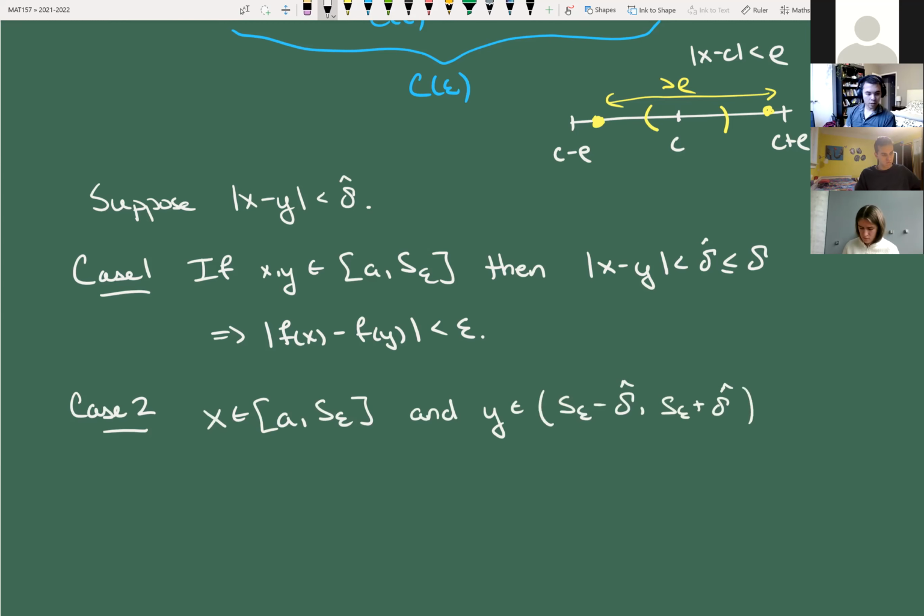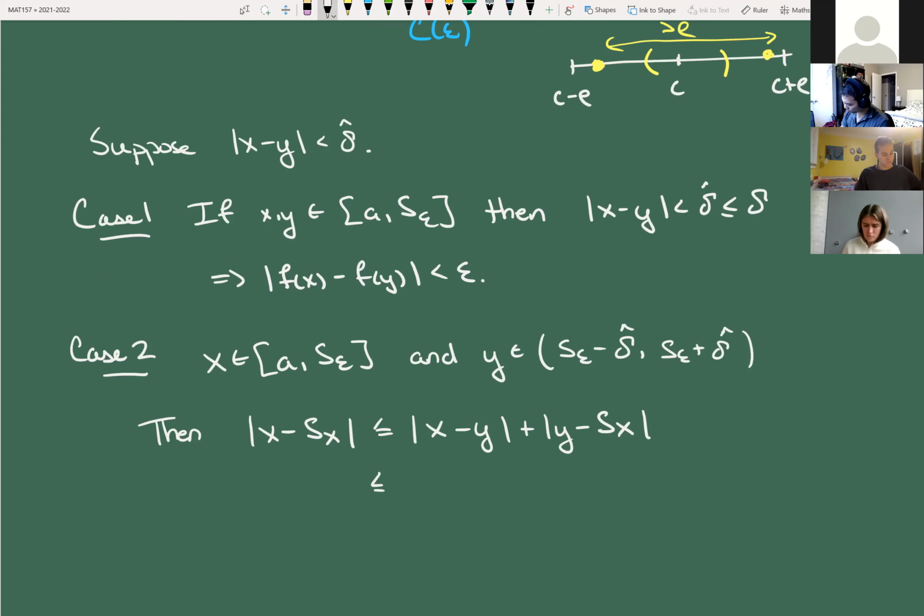Okay, so x is in the blue and y is in the red. Okay, so if this is true, then x minus s sub x is, well, let me just go straight to less than.